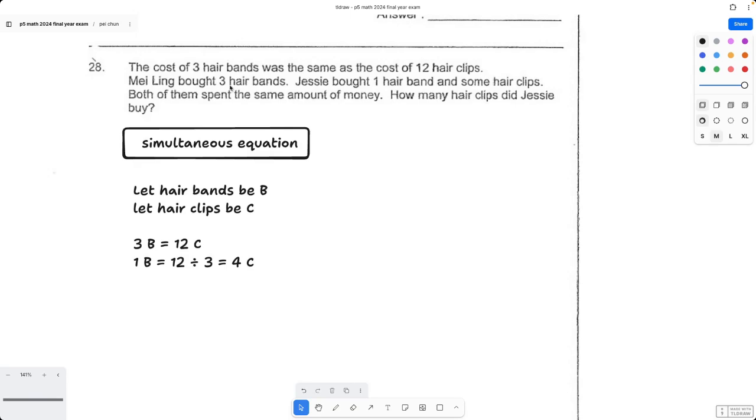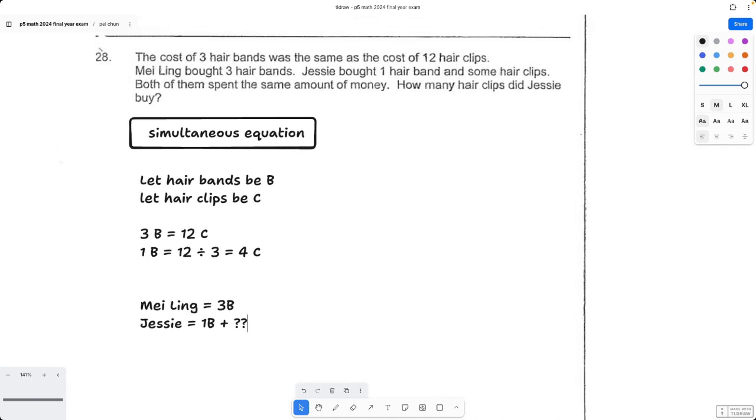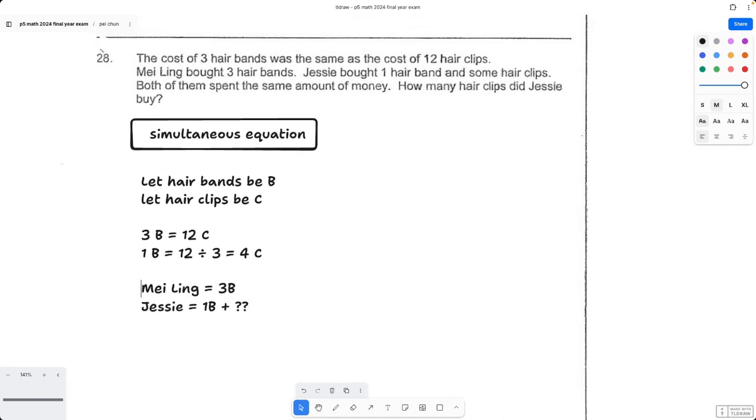All right, so in this case, Meiling bought 3 hairbands. Jesse bought 1 hairband and some hair clips, right? So they both spend the same amount of money. So Meiling is equal to 3 hairbands, right? And then Jesse bought 1 hairband B plus some hair clips.